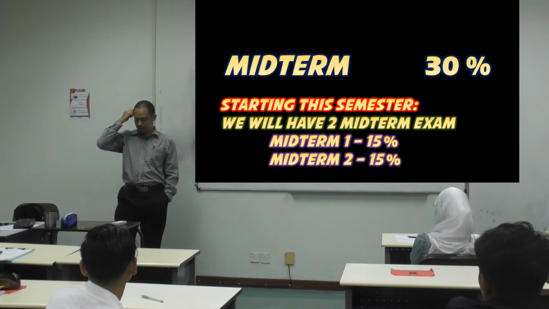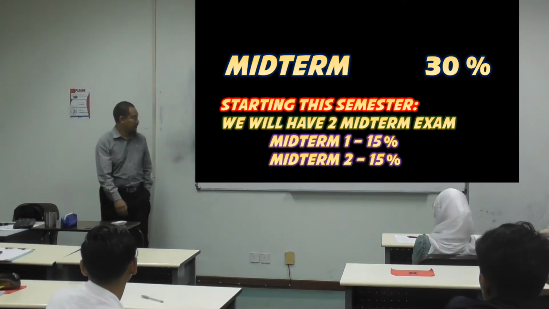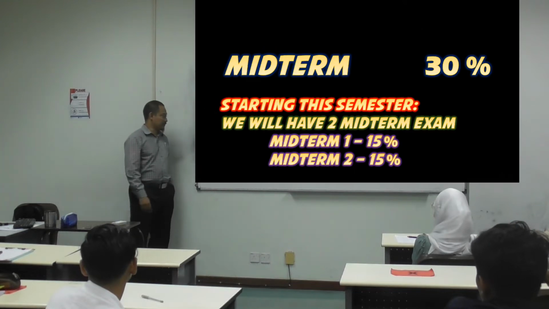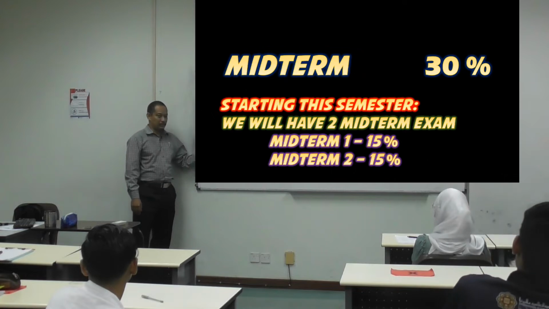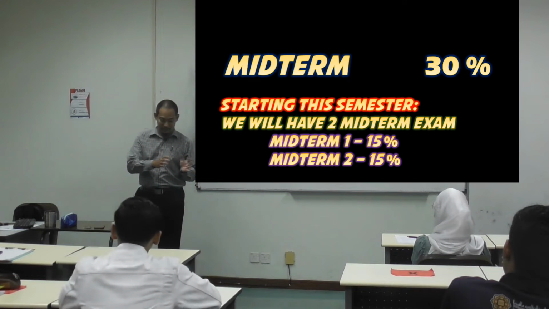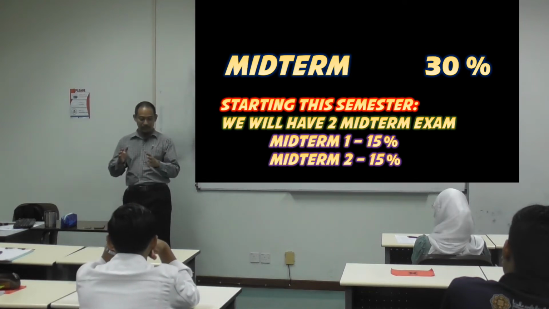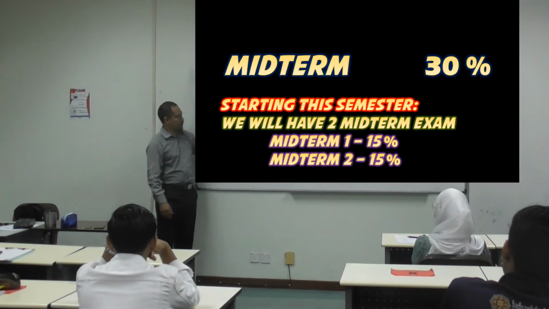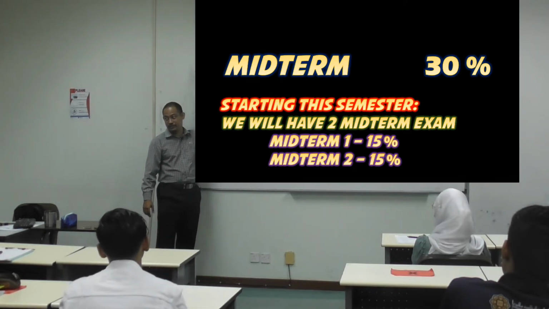This is because, based on several years of observation, psychologically it is only after the midterm marks that students realize whether they are okay or not with the subject, and sometimes it's too late when it's already half of the semester.